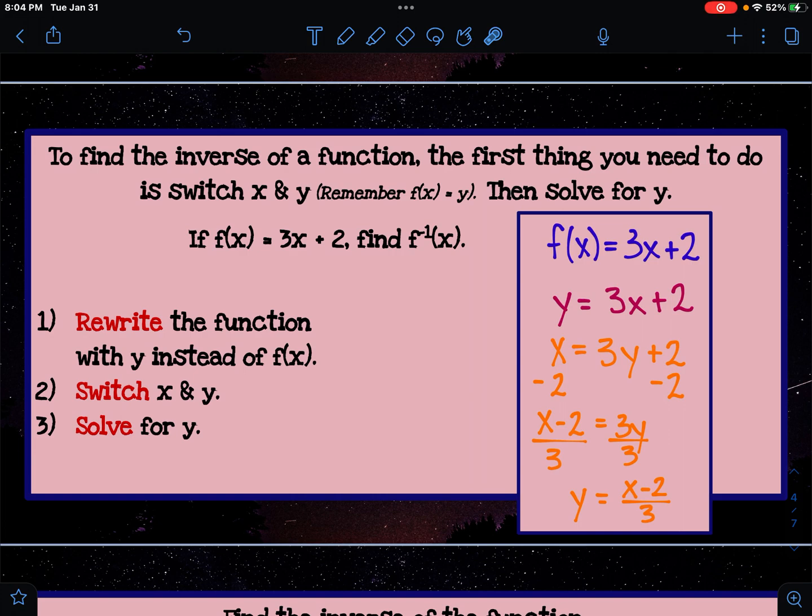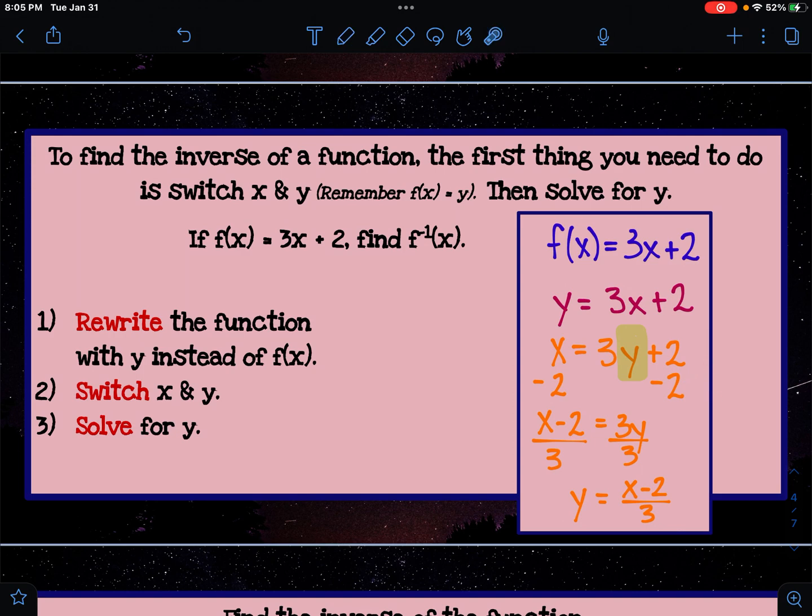The first thing you want to do is rewrite that with y instead of the f of x. The next thing we're going to do is switch x and y. So if you see here, I switched x and y. Then we need to solve for this y right here. Well, that's a two-step equation.